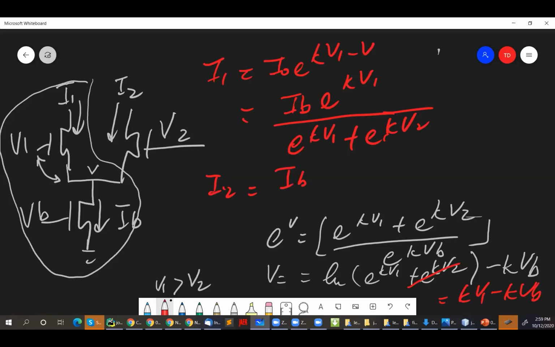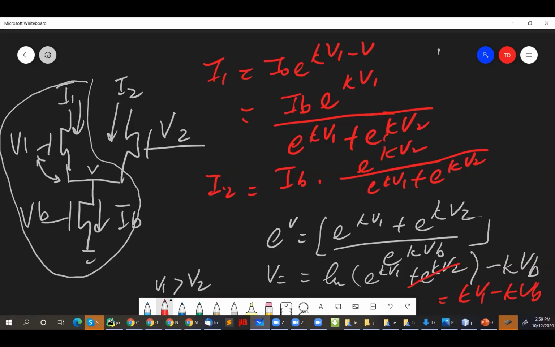It's going to be IB, E kappa V2 over E kappa V1 plus E kappa V2. Okay. And then you can see that if I take I1 plus I2, then the IB comes out. Then for the numerator, you get E kappa V1 plus E kappa V2, and that will cancel out the denominator, and then you get back IB.